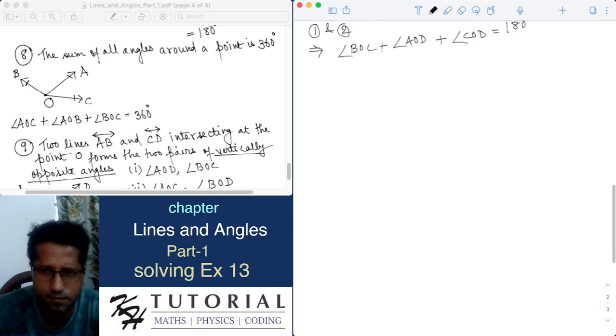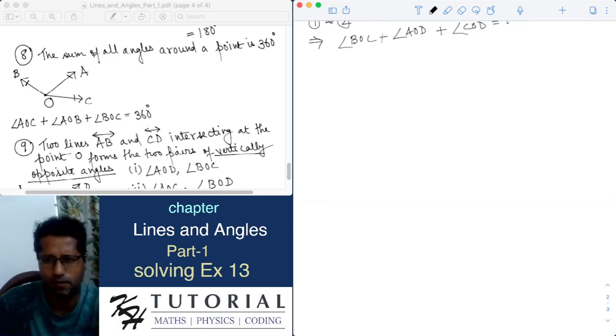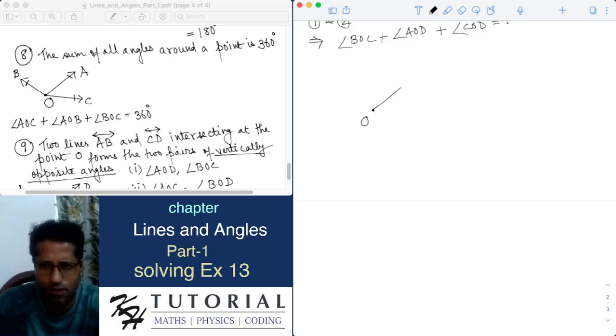Now what is an angle around a point? So we have a point, let's say O. If we want to make an angle at the point O, we need two arms. So let's say one arm is OA, and another arm is any arbitrary arm OB.